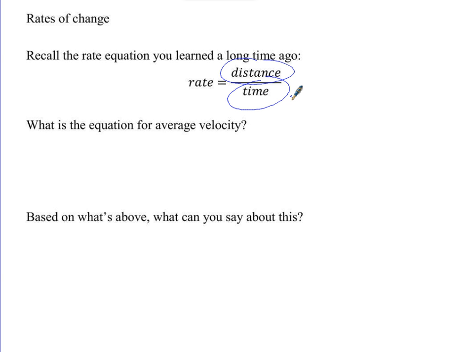Okay, so average velocity tells me that if I find the change in distance and divide it by the change in time, I wind up with my rate, which is exactly what I have right here. The change in distance divided by the change in time.